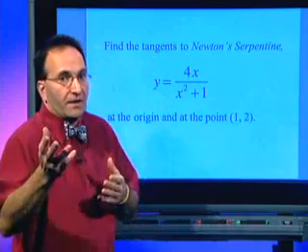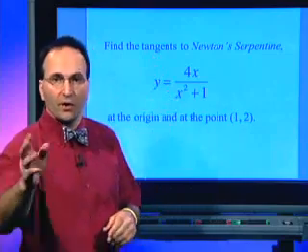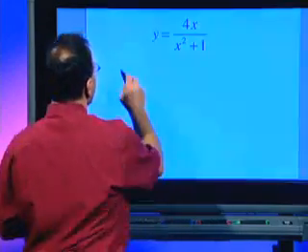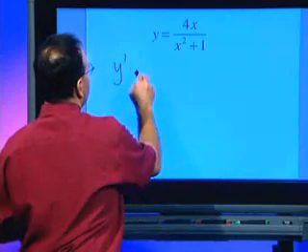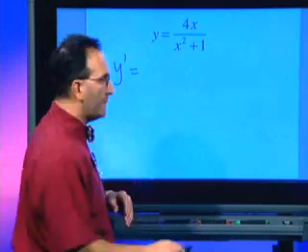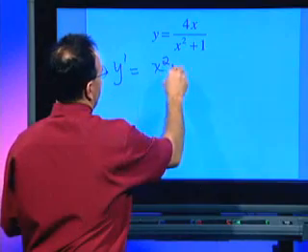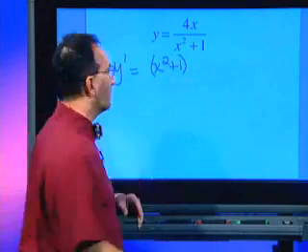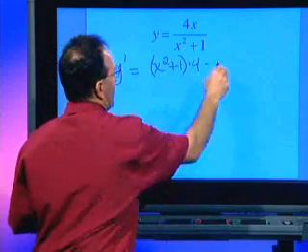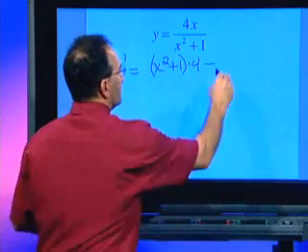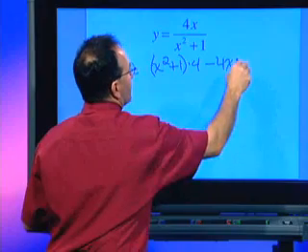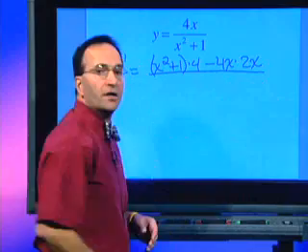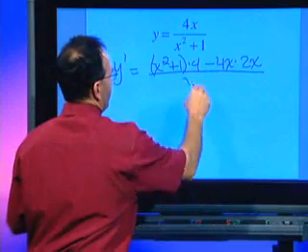And to find the derivative, we're going to have to use the quotient rule. So let's do that first. Y prime is going to be equal to the denominator times the derivative of the numerator, minus the numerator times the derivative of the denominator, and that's all over the denominator squared.